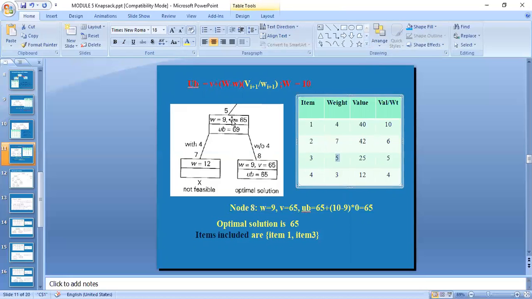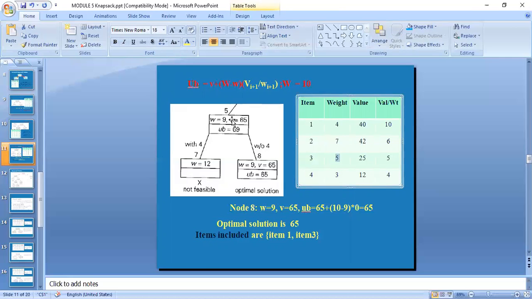Okay. So when you go for the knapsack problem, it is a maximization problem. Now, when you say it is a maximization problem, we are calculating the upper bound value. When you calculate the upper bound value, there will be an objective function.